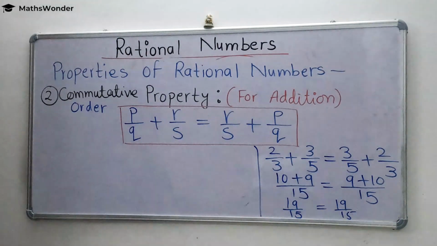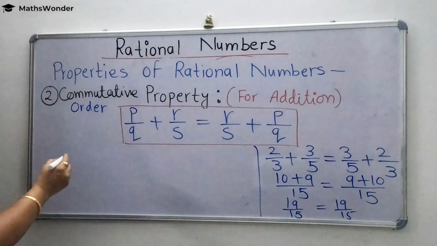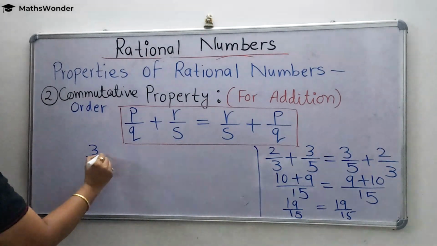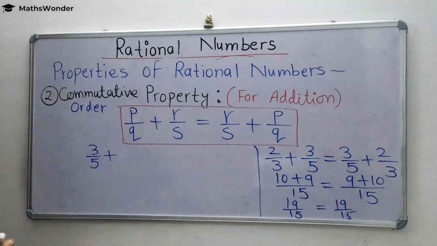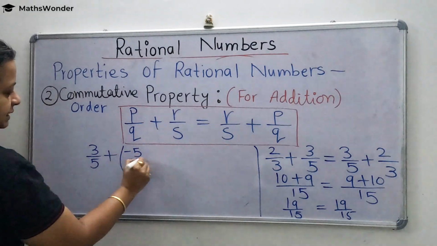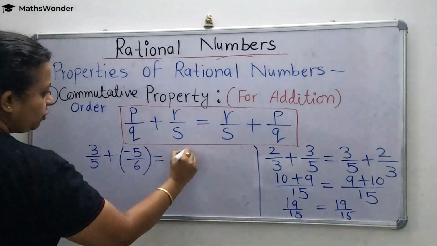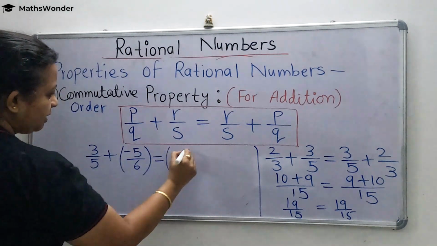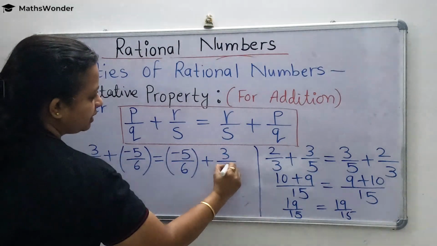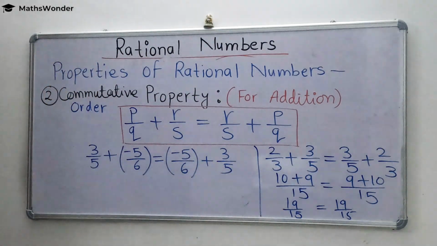With a negative sign, we can take another example. 3 over 5 plus negative 5 over 6. When you change the order, negative 5 over 6 plus 3 over 5, find out quickly the answer.